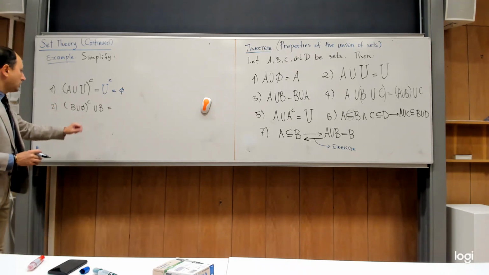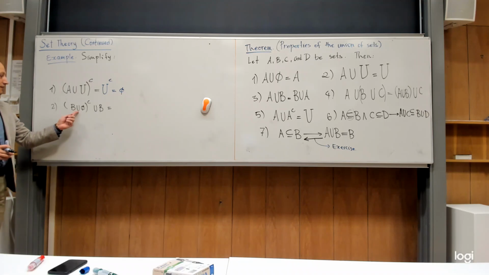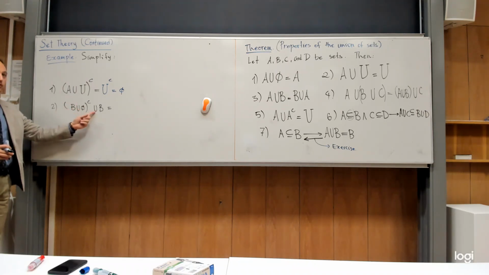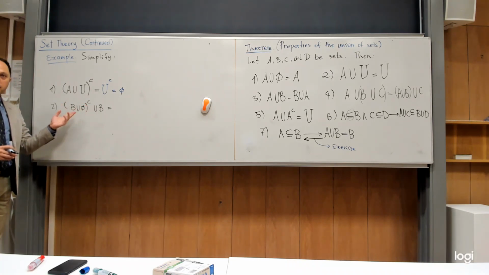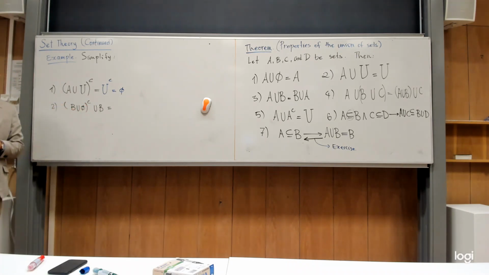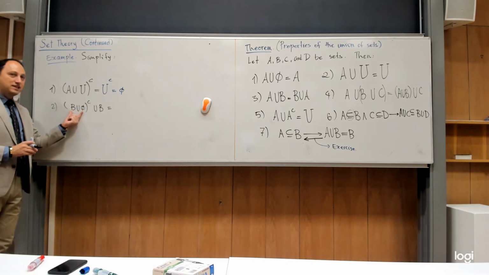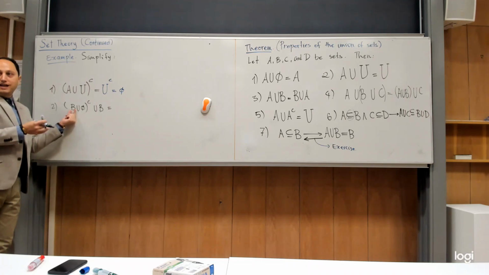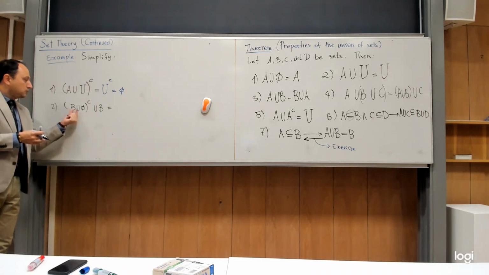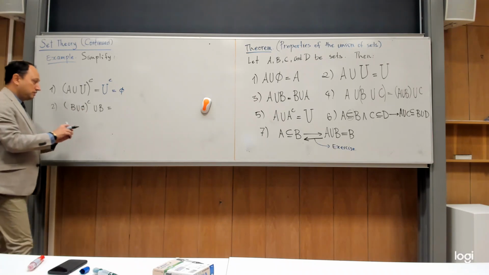So what should I write here? You see, I have 3 operations here. 2 of them are unions, and 1 of them is the complement. But of course, these pair of brackets play a role, yes? Which one has the priority here? Yes, this one. So what's the answer? I am unioning some set, I don't know what that is, but I am unioning it with the empty set. What would be the result?